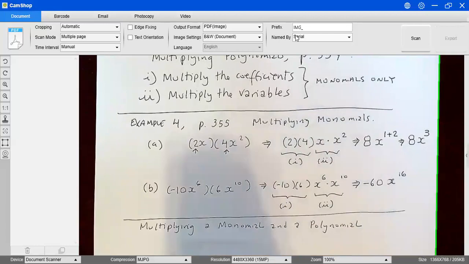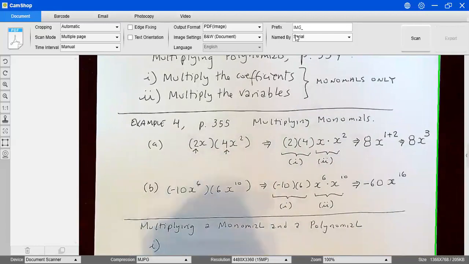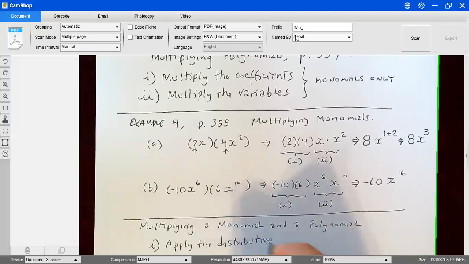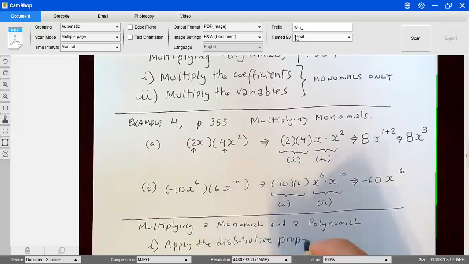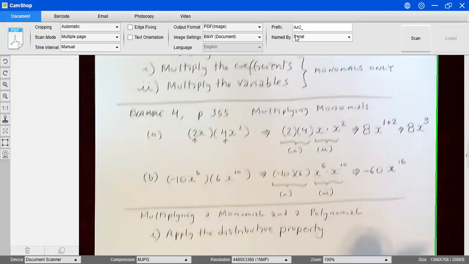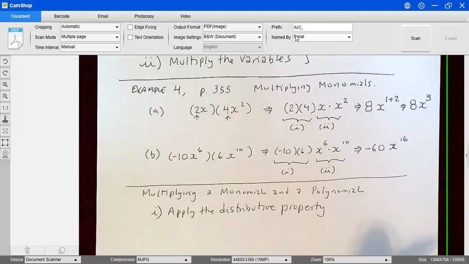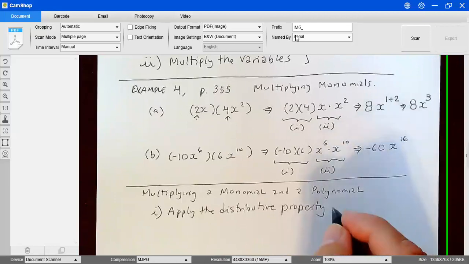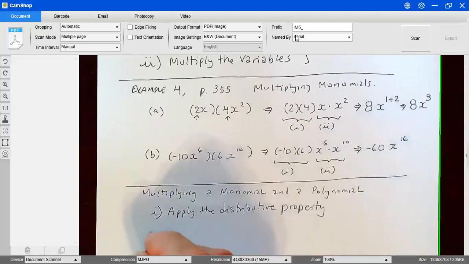So what are going to be the rules? In this case, you're going to apply the distributive property first. So you're going to get a set of products of monomials.